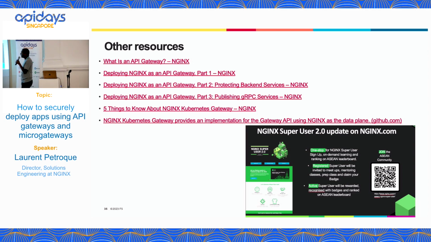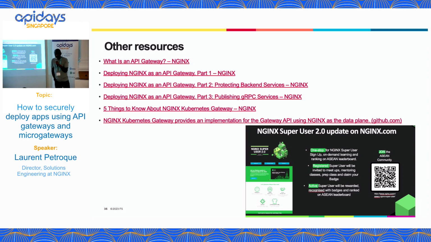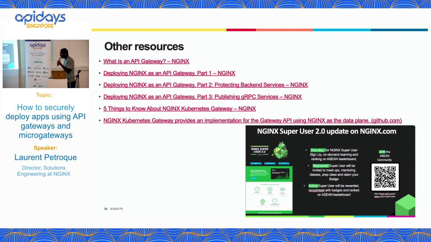So to learn more, there are a few resources that I wanted to share. Like here, the API gateway and what is an API gateway with Nginx. So you have videos and blogs and documents around that. There is also a very interesting series of API gateways covering the different aspects of configuring the Nginx API gateways on GraphQL and gRPC, and what can be done, what can be enhanced when you want to manage those configurations by yourself.